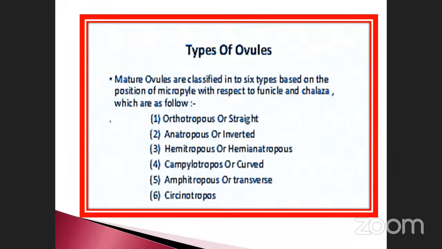These are the three points. Under these, they are classified into six types: orthotropous, anatropous, hemitropous, campylotropous, amphitropous, and the last one is called cyclotropous.